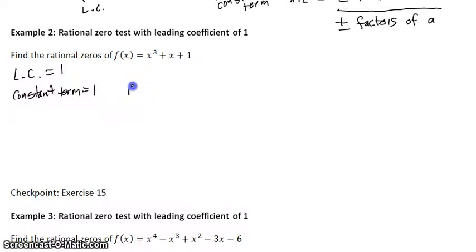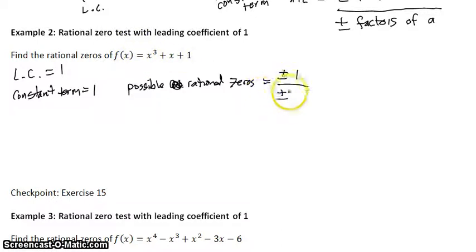So the possible rational zeros are plus or minus the factors of the constant term, which is just 1, and the plus or minus factors of the leading coefficient, which is also 1.